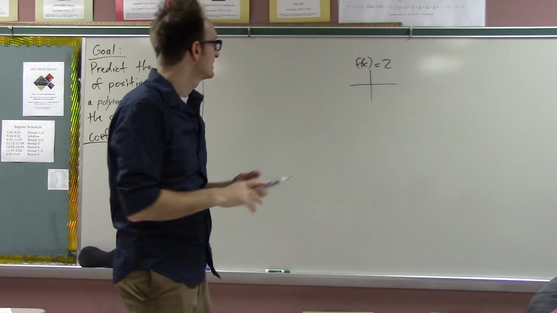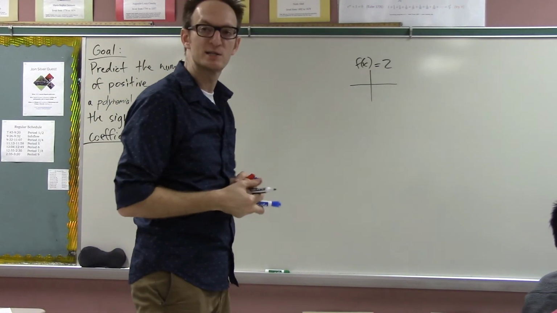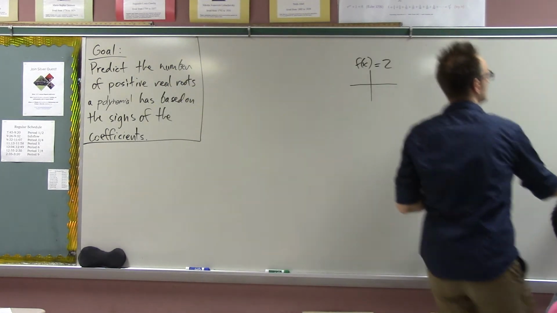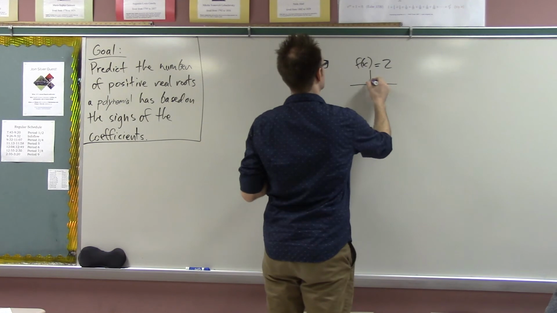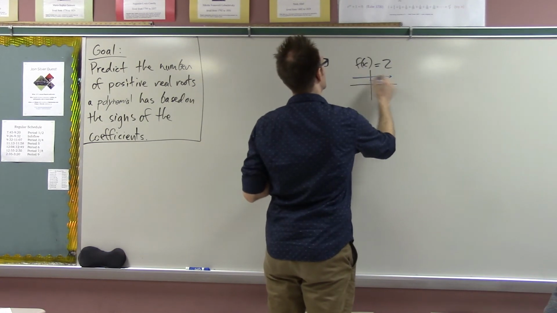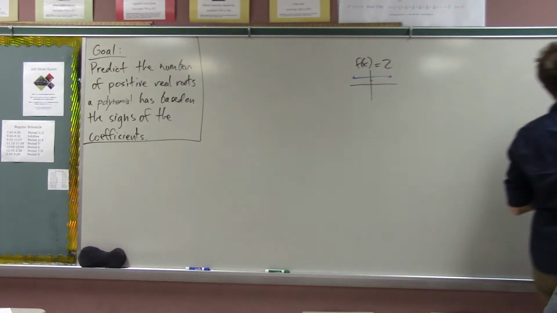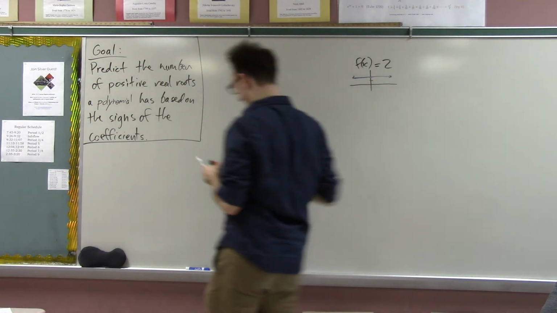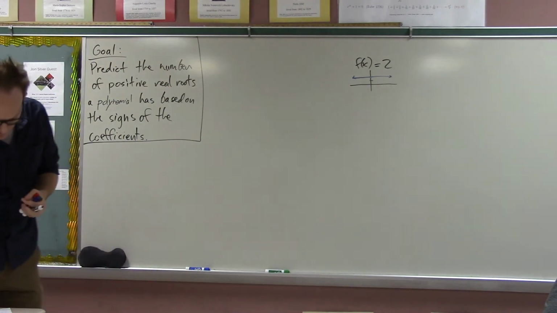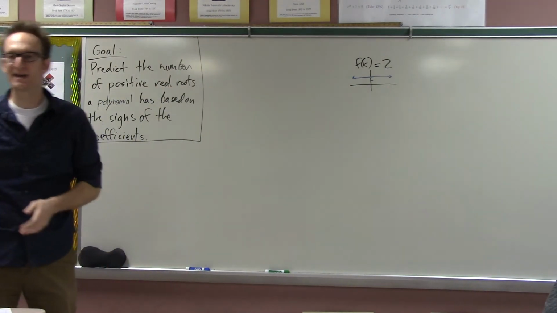Of course, I know what these two polynomials look like. This one just looks like this, and this one just looks like this. In both cases, how many positive real roots are there? None. So done.